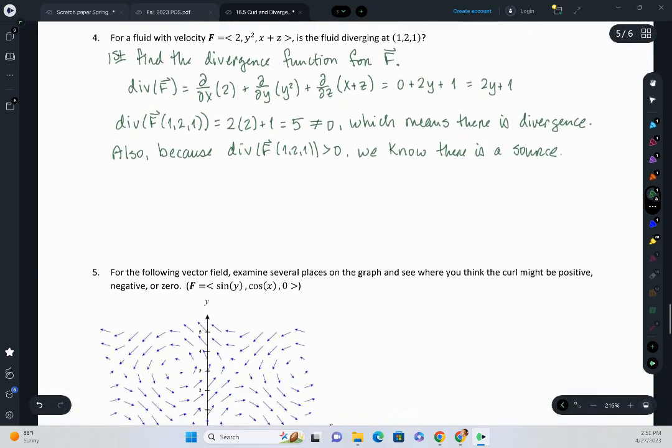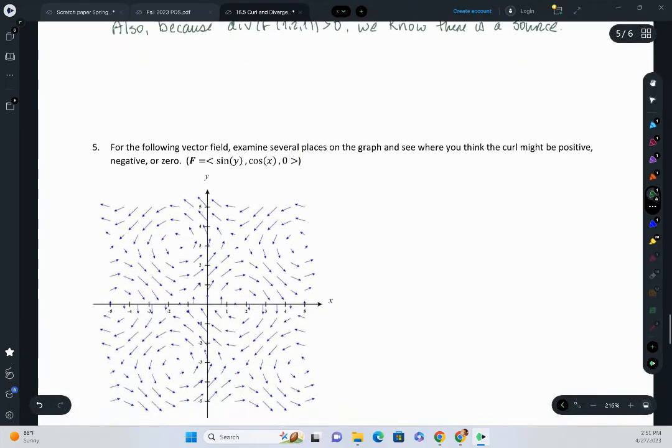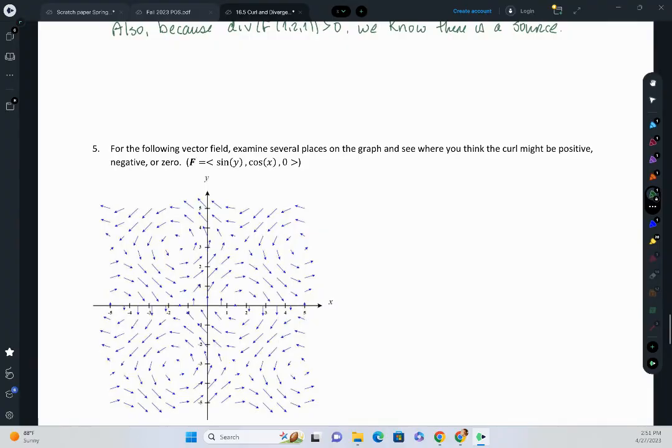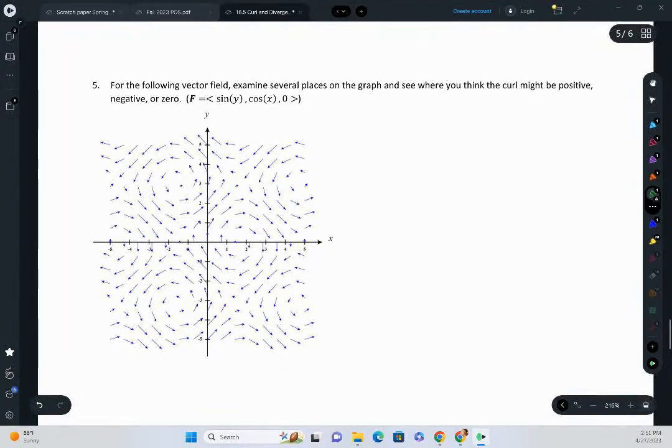Now for the following vector field, we're going to examine several places on the graph and see where we think the curl might be positive or negative or 0. And the function that's here is big F equals sine of y cosine of x and 0 for the other components.